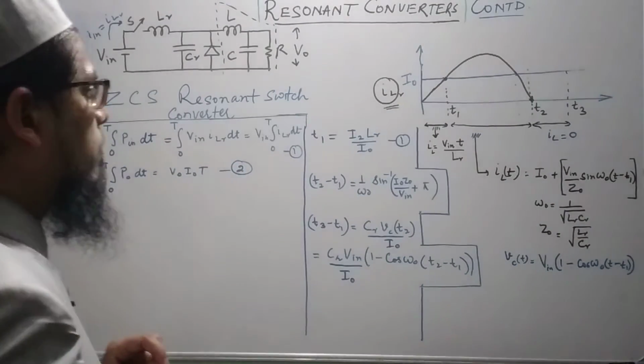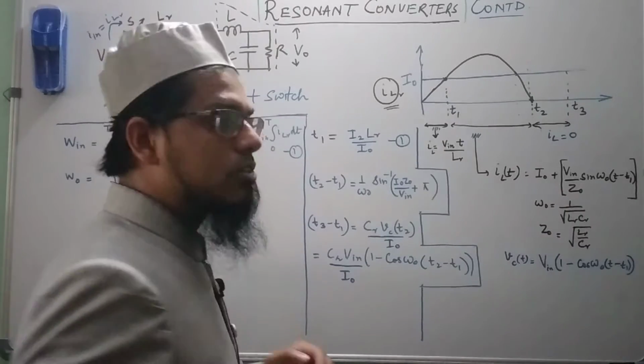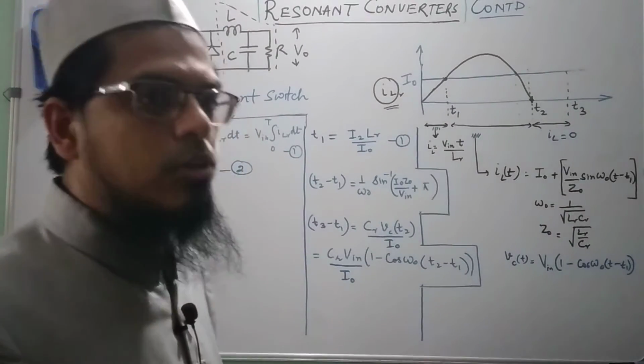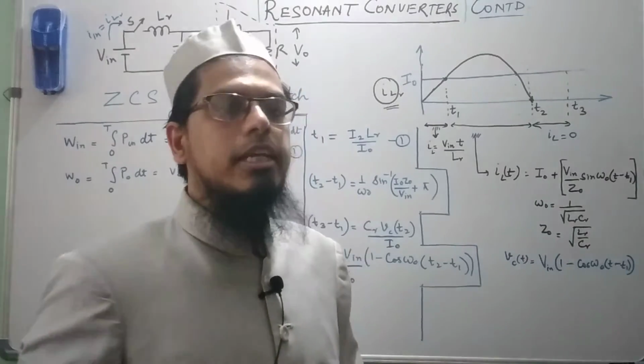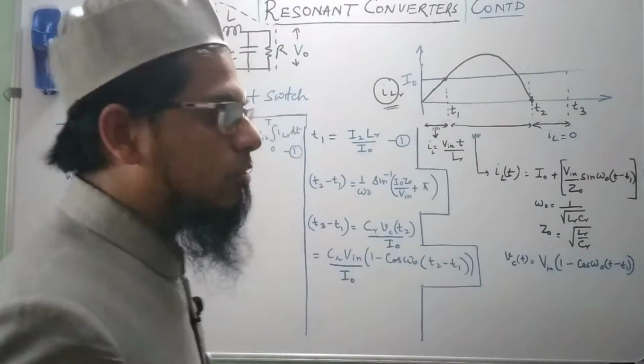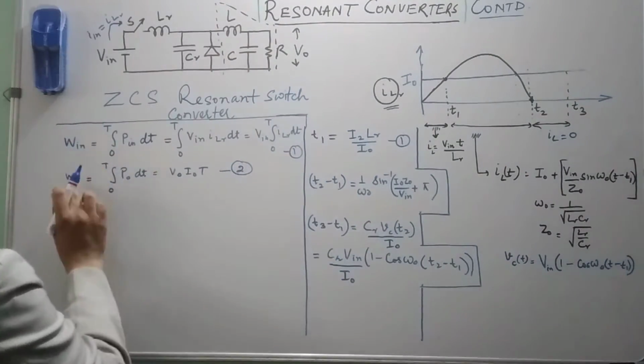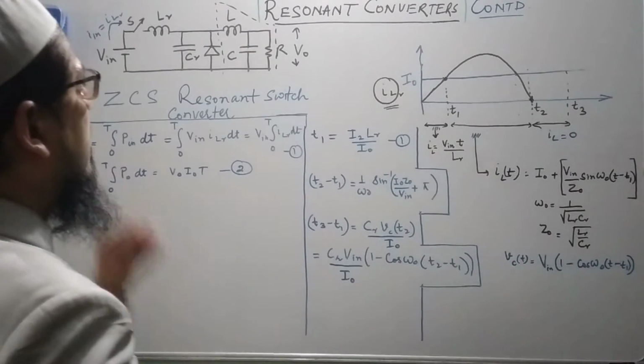Now, we have assumed in the previous lectures also, that the circuit is lossless. That means there is no loss in any of the elements of the circuit. So, that means Win and W0 are equal.